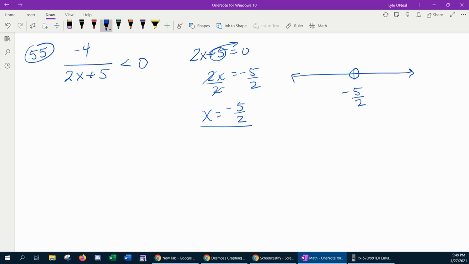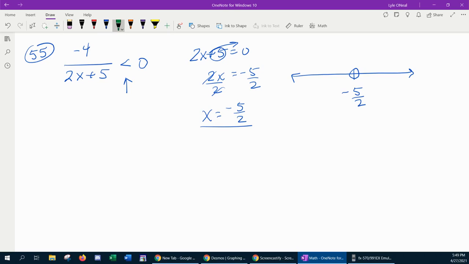It can never be a solid dot if the critical point came from the denominator. If you have a critical point from the numerator, the inequality will determine whether it's an open circle or a solid dot. In this case, we don't have any critical points from the numerator, so we'll talk about whether it's open or solid in the next example.